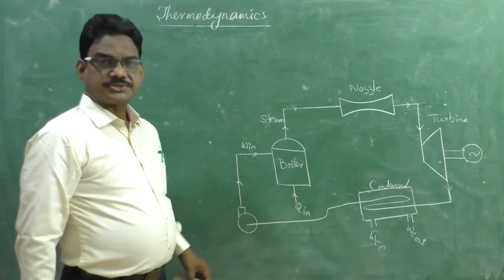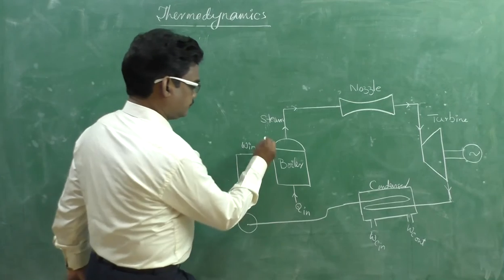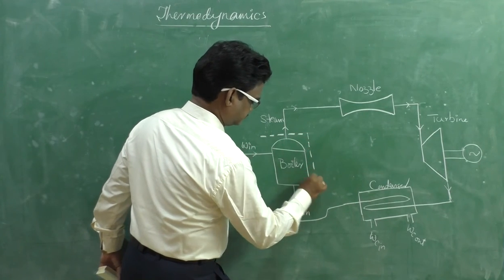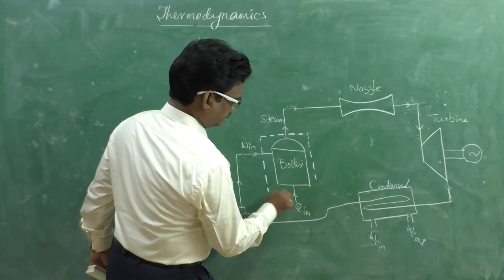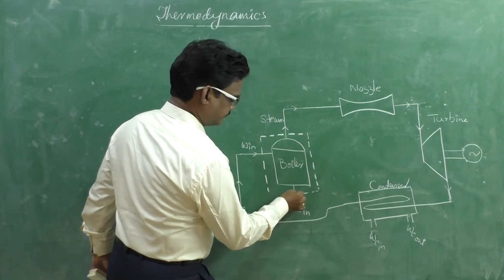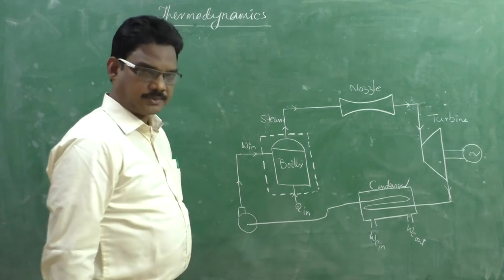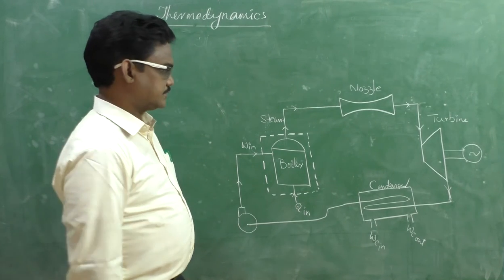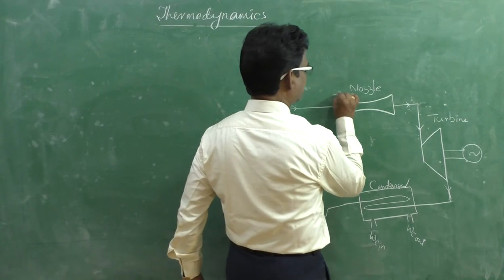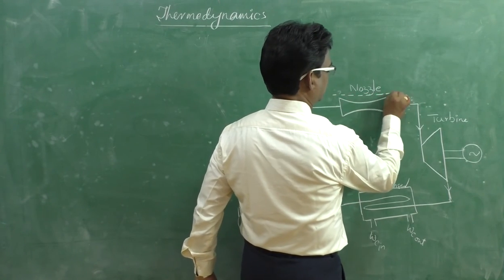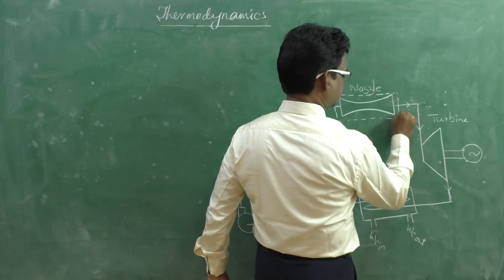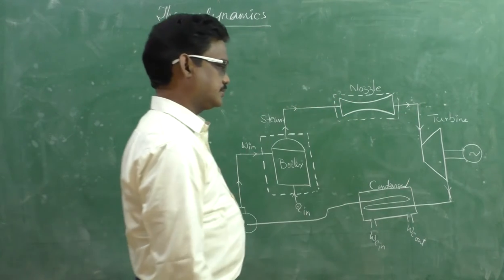if you want to study a boiler, we take it as one system, and we study the boiler performance and boiler related equations. Suppose you want to study the nozzle, we consider the nozzle as one system, and we can study it.